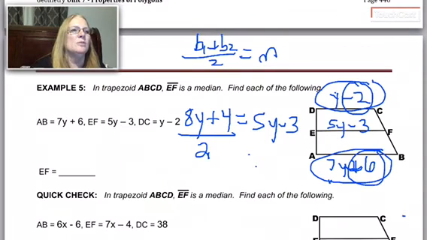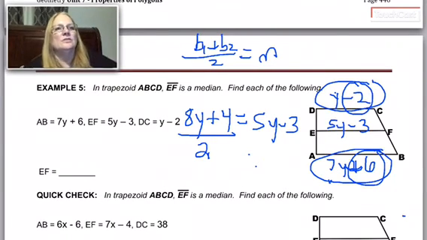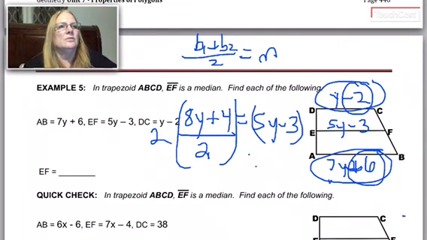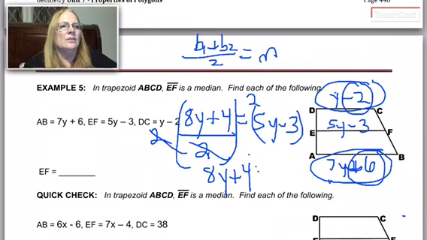Okay, so that's base 1 plus base 2 divided by 2 equals the median. So now we're just going to multiply both sides by 2. Okay. And just be very careful. On the left, we're left with 8y plus 4. And on the right side, we need to distribute. So it's 2 times 5y minus 3. So it's going to be 10y minus 6.